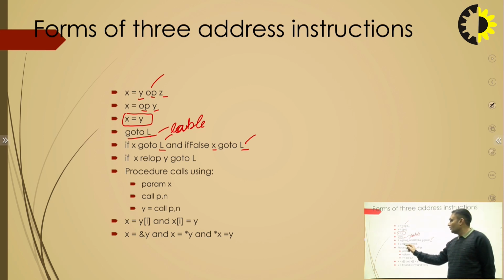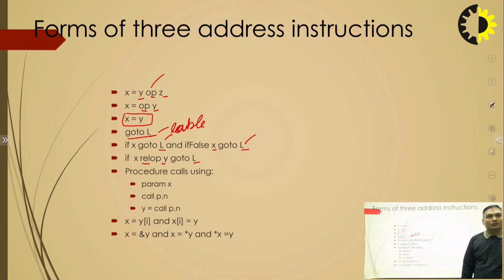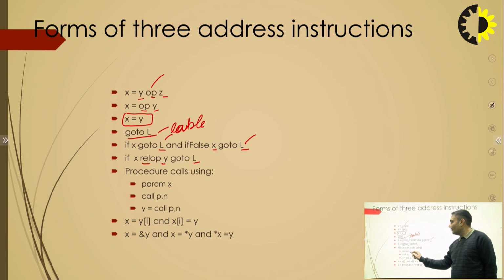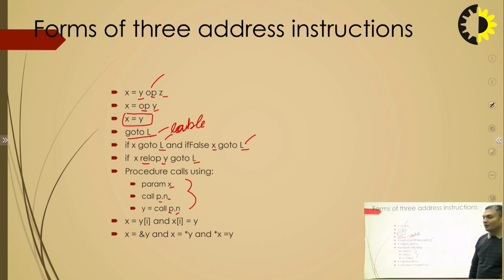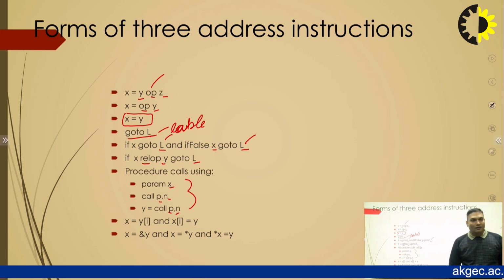X relop Y then go to a particular label L. So this is also a type of if-else statement with go to label. Procedure calls using parameter X, or calling a procedure P with N, or Y equals call procedure P and N: these 3 are also forms of calling a procedure in 3-address code.